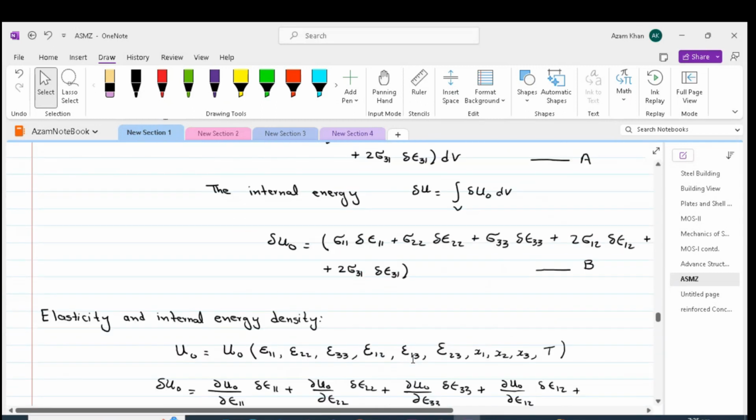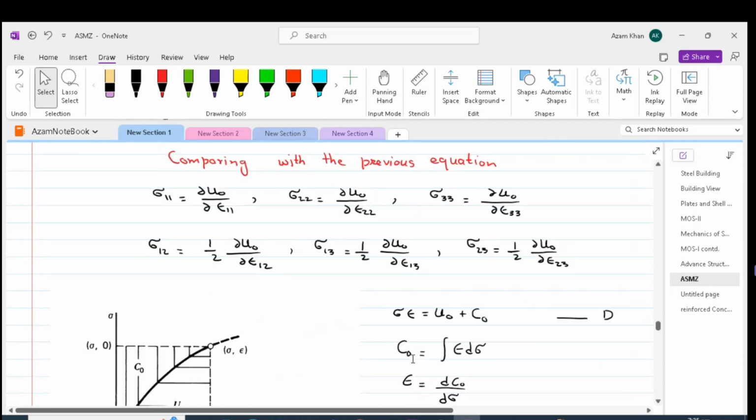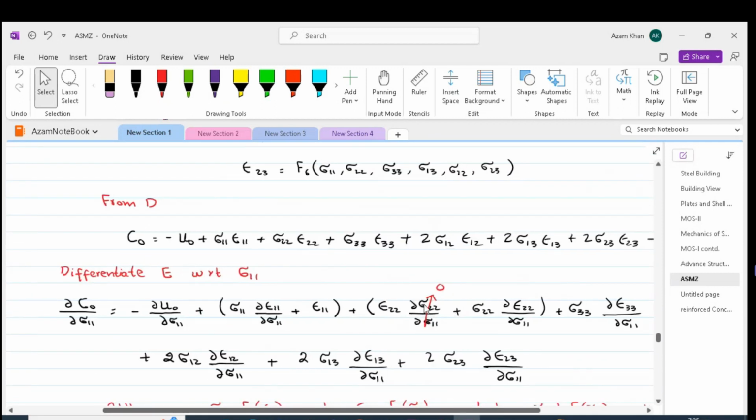So using the concept of local action, we come to the conclusion that sigma 22 is independent of sigma 11, and therefore that becomes zero.